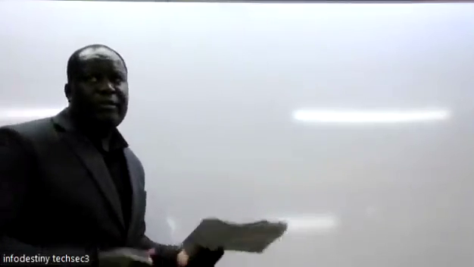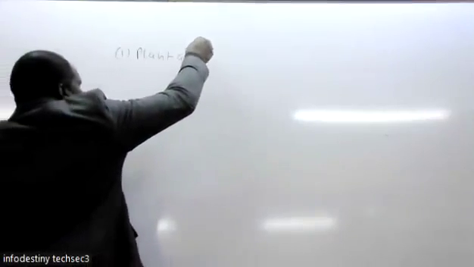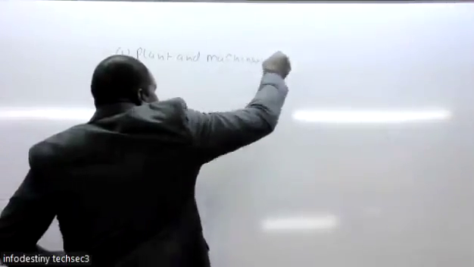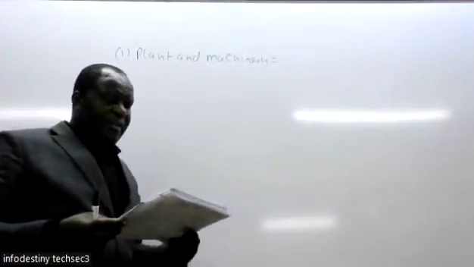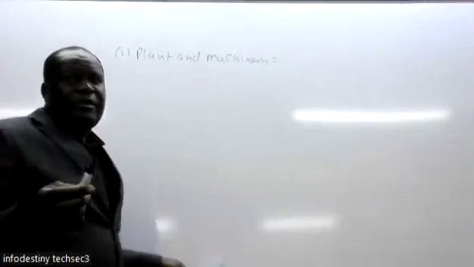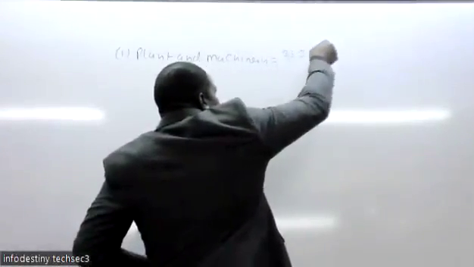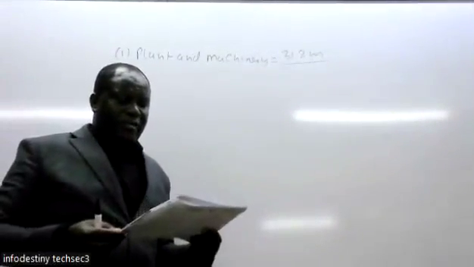The first item is plant and machinery, because it is a fixed asset. Plant and machinery is 31.2 million. Take 31.2 millions and divide by the sales. Sales, you got in note number 1.